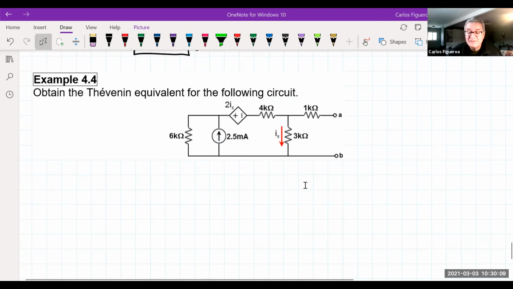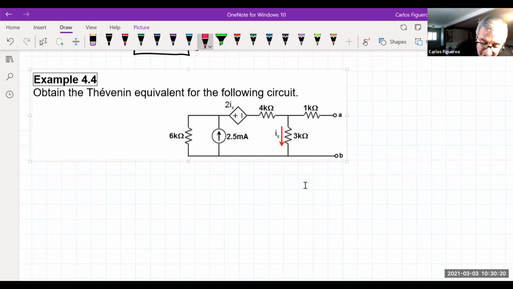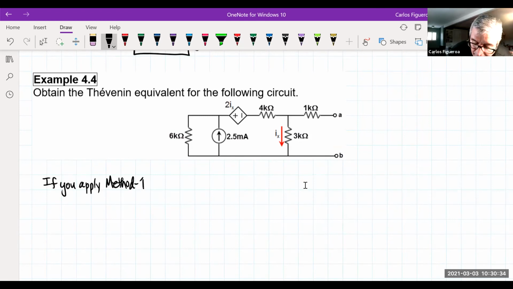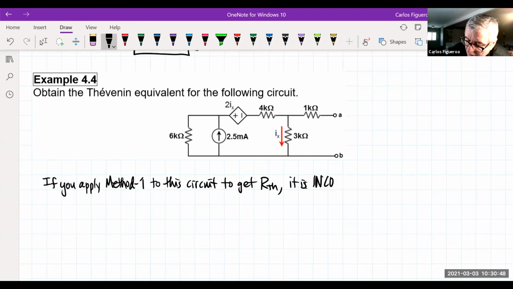Here we go. So now we're dealing with a dependent source here. And when you're dealing with a dependent source, this means the following. If you apply method 1 to this circuit to get RTH, it is incorrect.